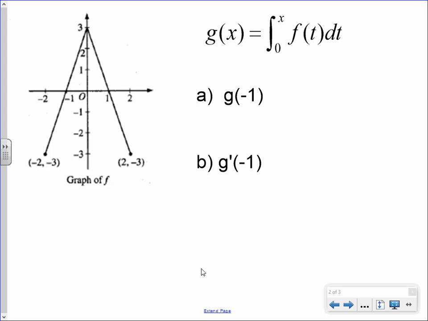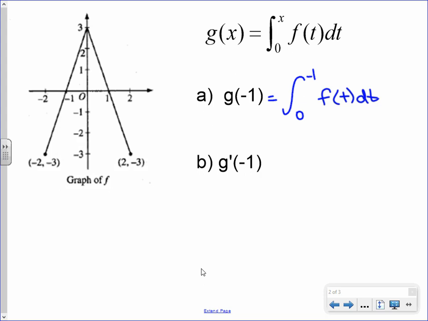Let's talk about g of negative 1. Okay, our g function is the integral from 0 to x of f of t dt. I'm taking the integral from 0 to negative 1. Oh, yeah, you can. But what's true about it? We go backwards, okay?